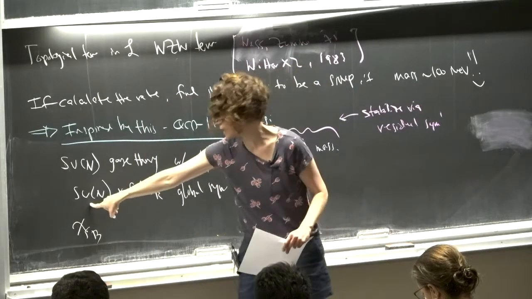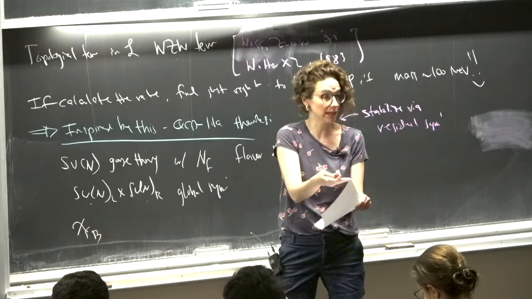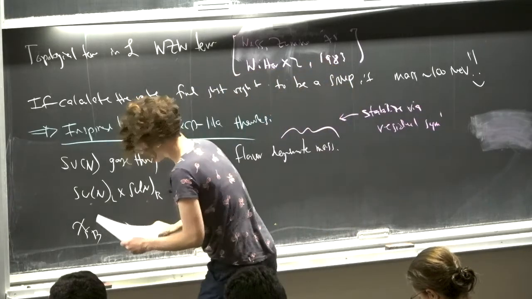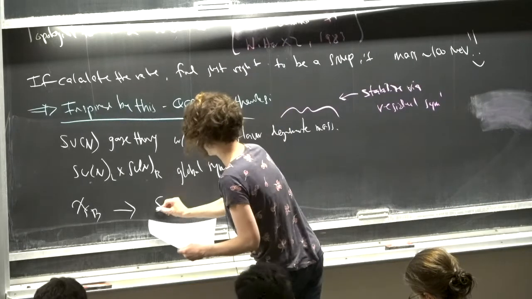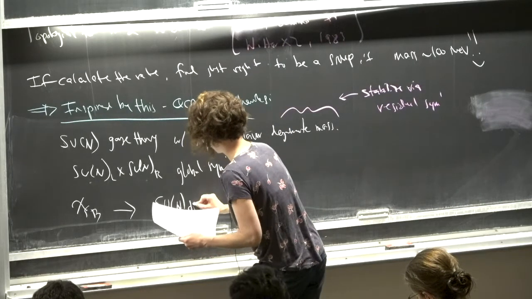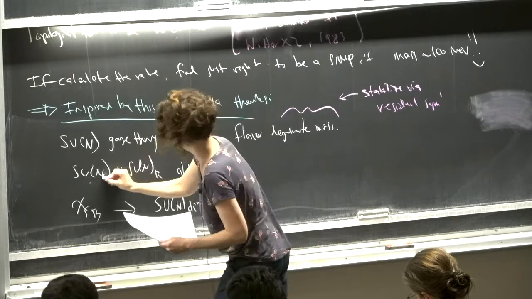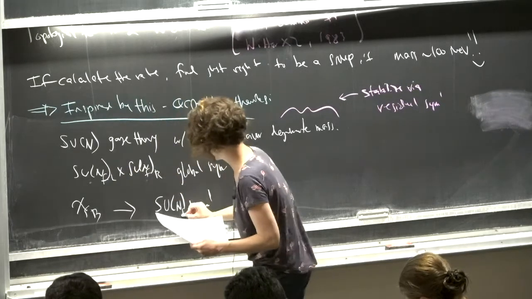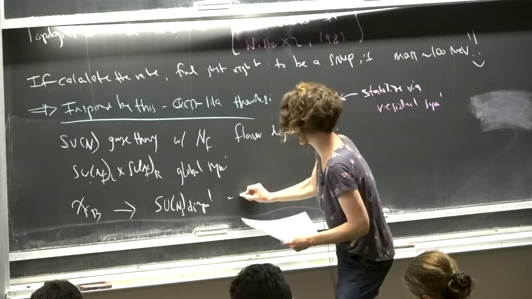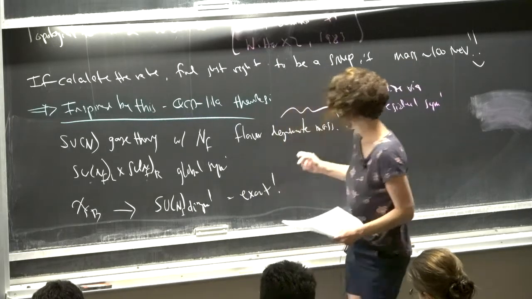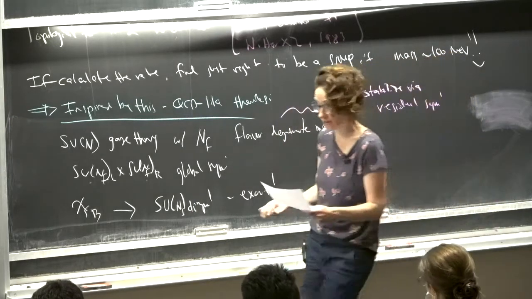And what happens is that this global symmetry breaks down to a diagonal SU(NF). So these should all be NFs, I apologize. The symmetry is amongst our flavors. And this is now an exact symmetry, thanks to the degenerate mass that I've written down for my quarks.